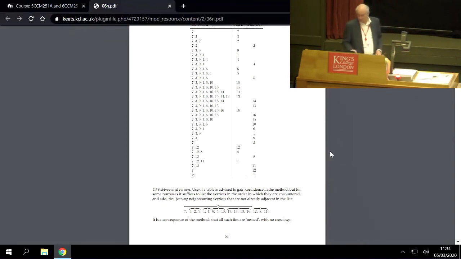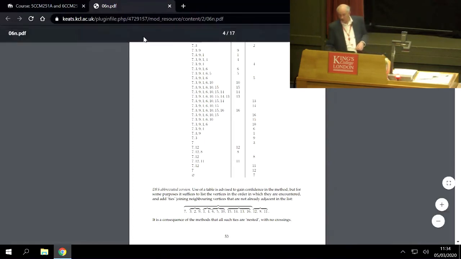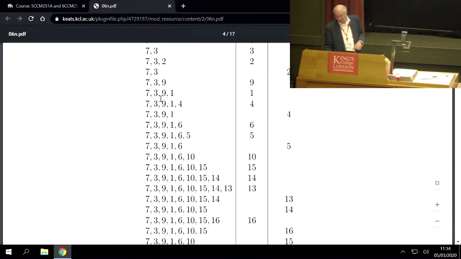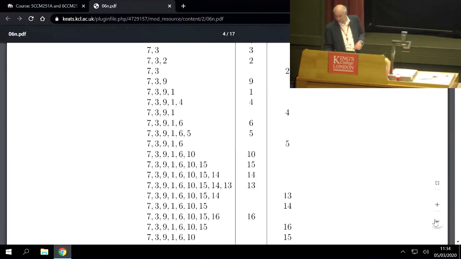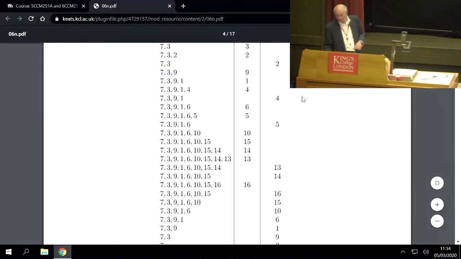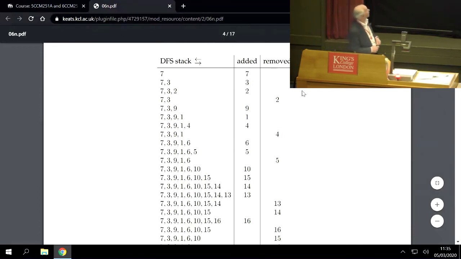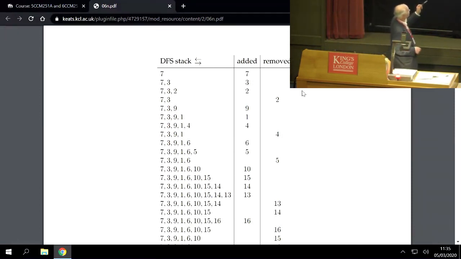So at the bottom of the page is my abbreviated scheme, finishing at 11. With the braces giving the jumps when you have to backtrack. But the table there is actually showing exactly what happened, and it's telling you what the stack looks like at every stage of the game.